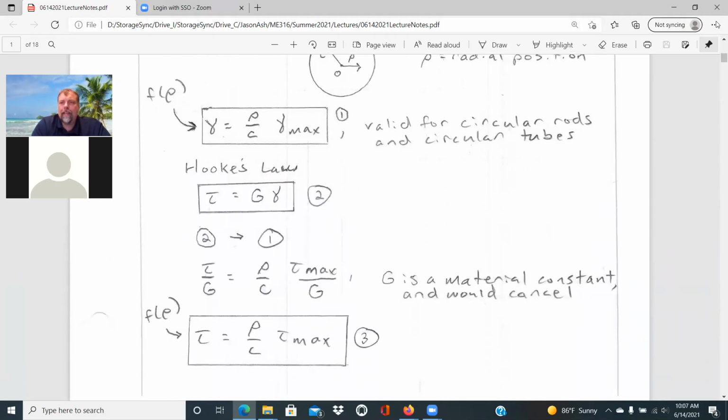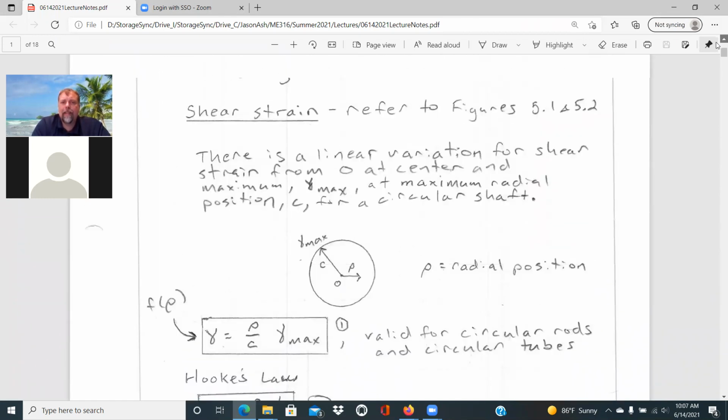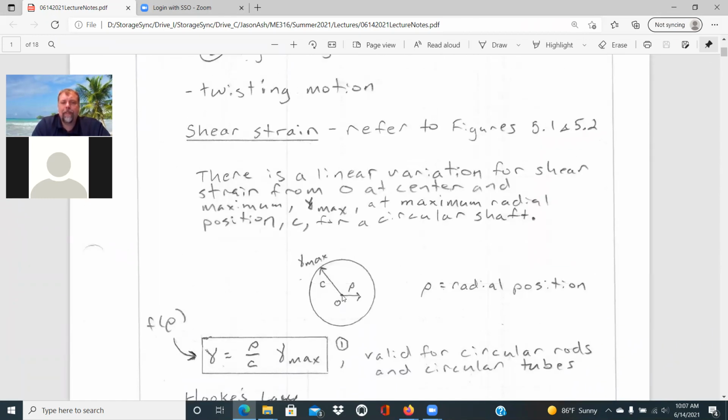Torsional strain and shear stress develop perpendicular to that twisting motion, and that's going to vary from 0 at the center linearly outward to a maximum at the outer edge. And so there is a distribution of stress and strain through a shaft subjected to torsion.